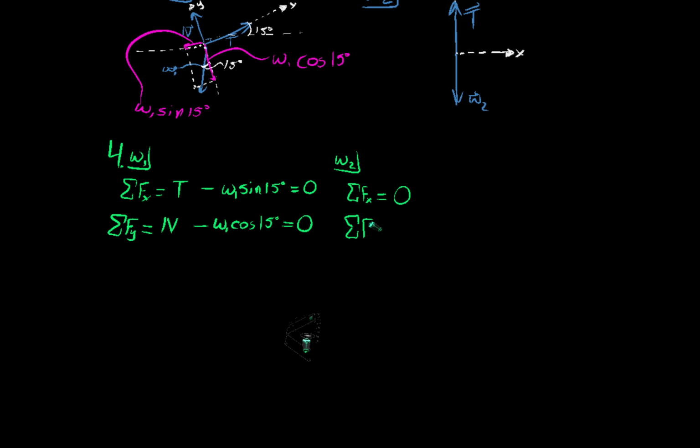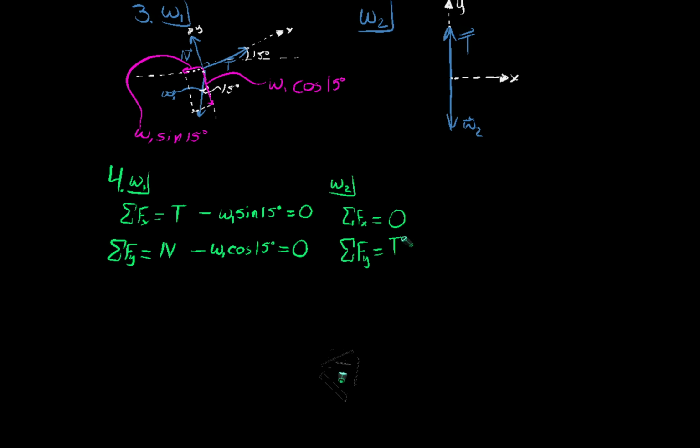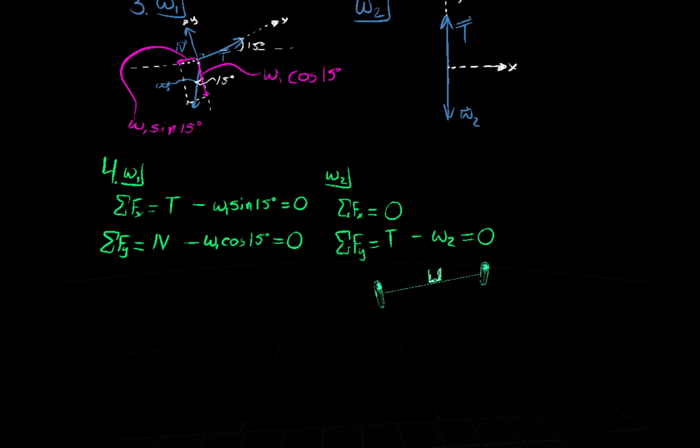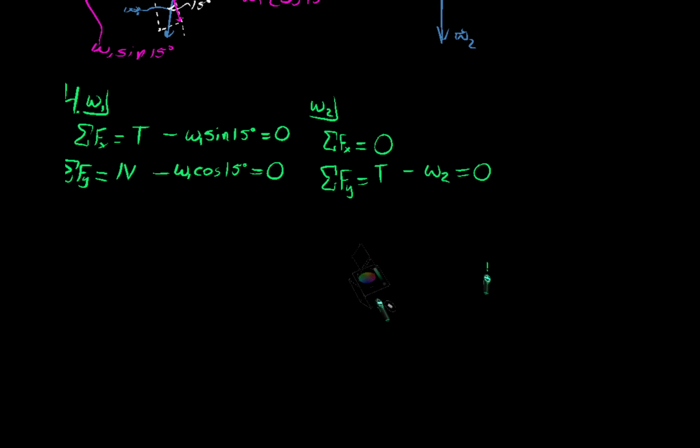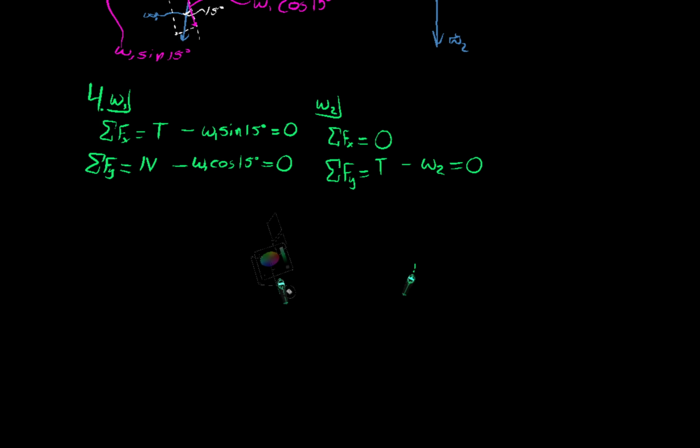Sum of the forces in the y, we have T minus W2, and that's equal to 0. It's moving in the y. The acceleration is 0. Its velocity is constant. Acceleration is 0.